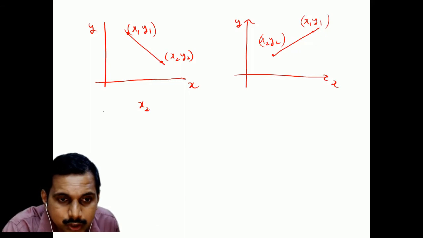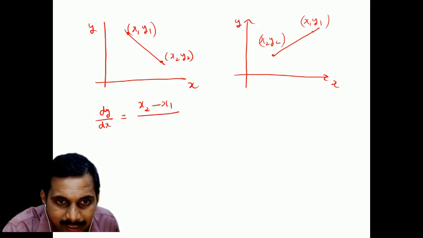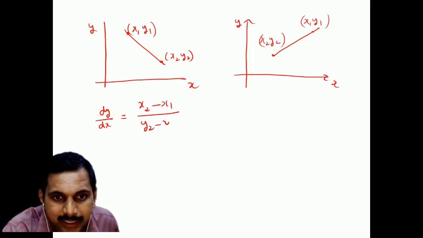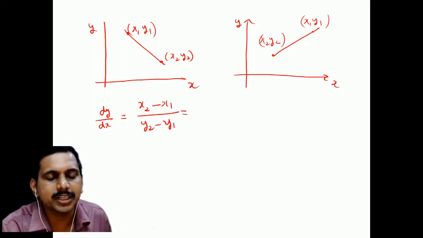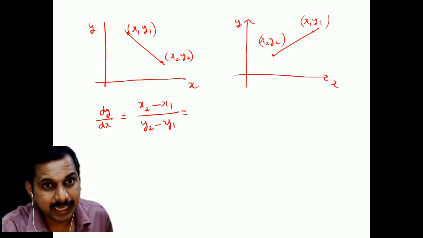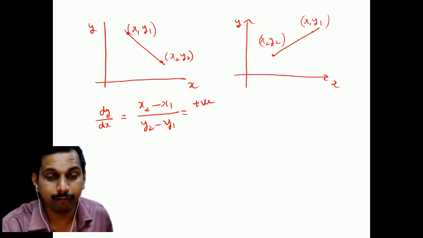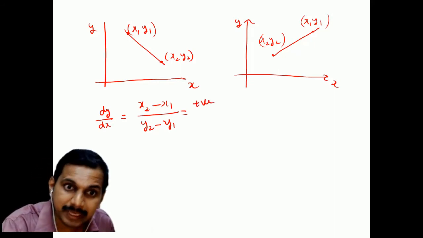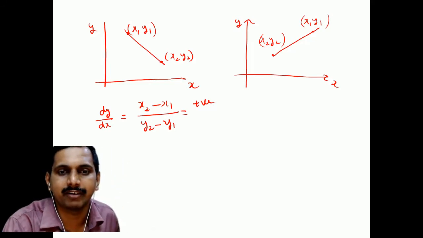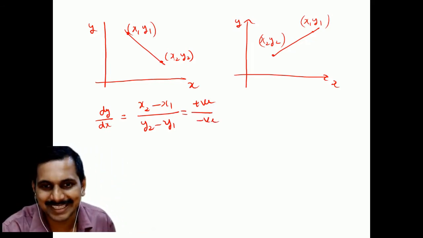Slope, dy by dx, is equal to y2 minus y1 divided by x2 minus x1, correct? So what is x2 minus x1? You see x2 is greater than x1, so this would be positive. y2 would be lesser than y1, so this will be negative, so it comes out as negative slope.